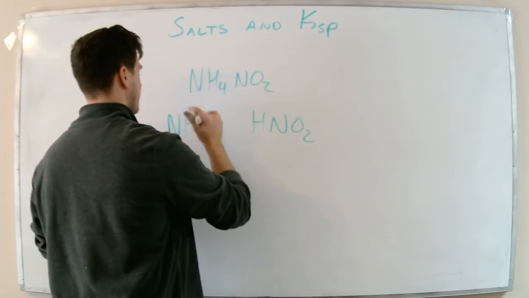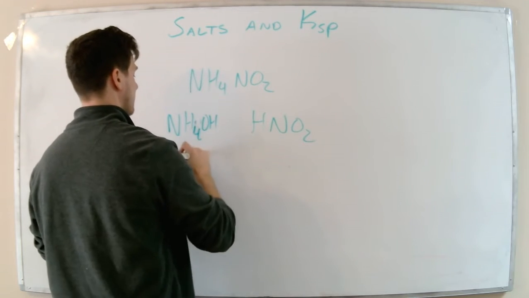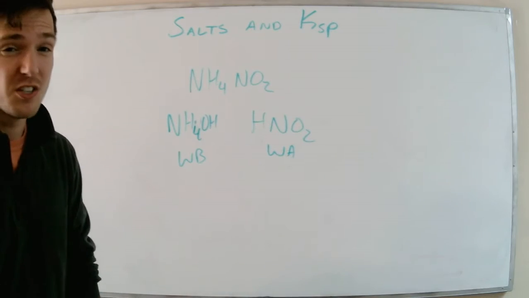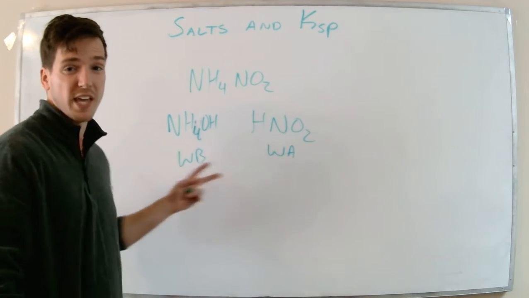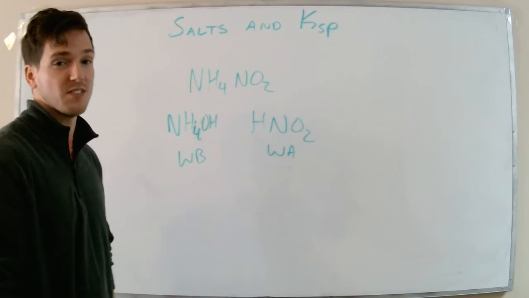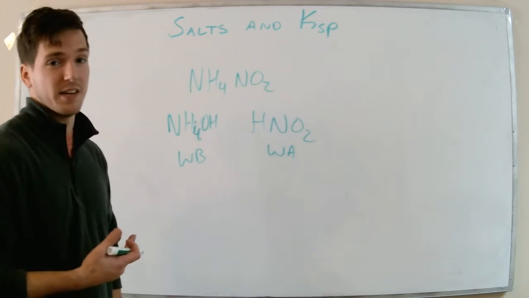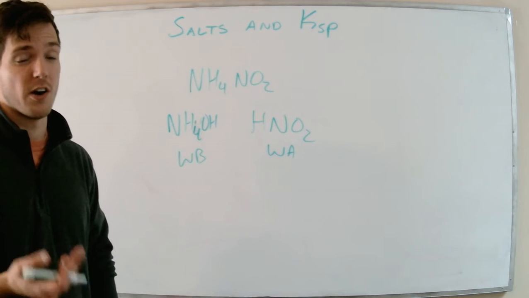Let's just keep it consistent. So this is a weak base, and this is a weak acid. And what you could do is they would have to give you the Kas and the Kbs for these, and whichever one is larger is going to be the one that determines if it's acidic or basic.